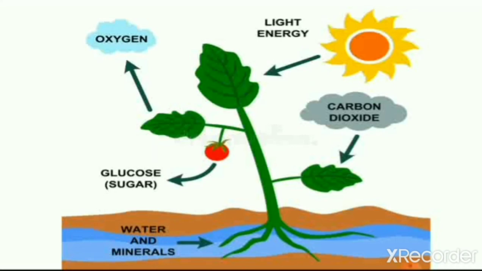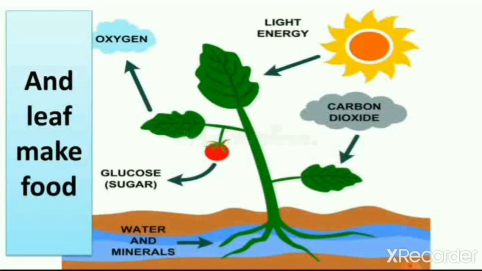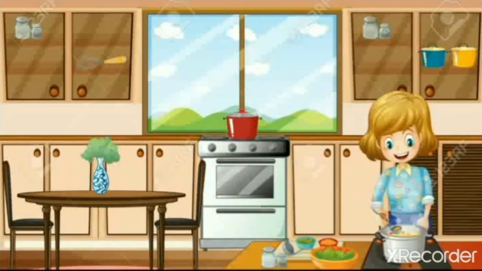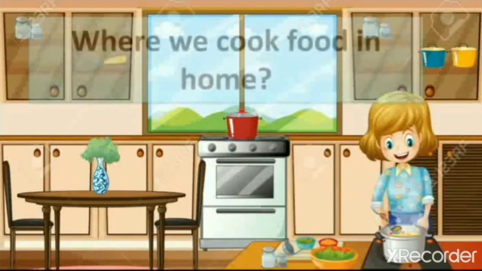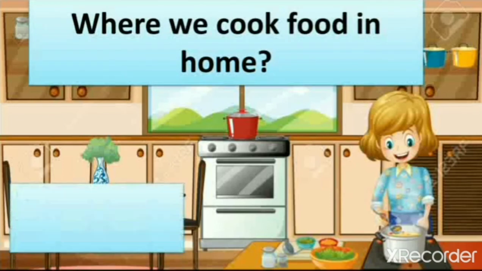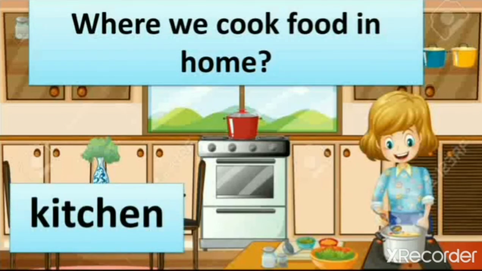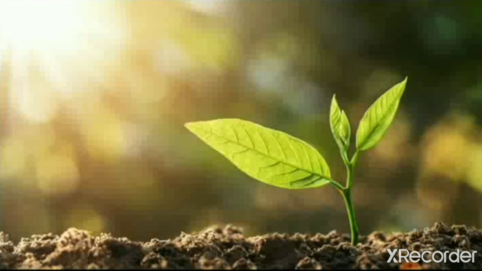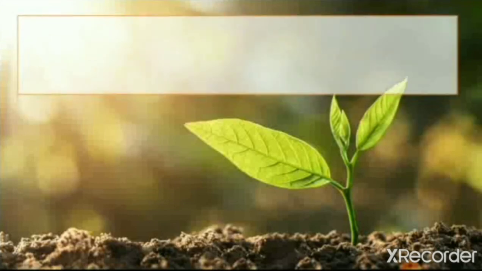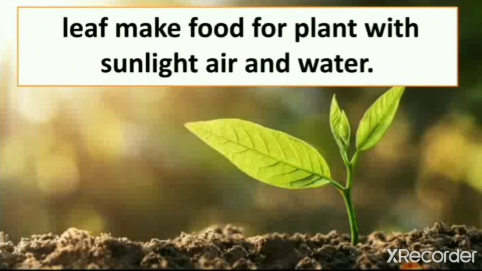And how do we get oxygen from the leaf? Like the kitchen of our house, when we cook food in the kitchen, like that the leaf makes food for the plant. That's why the leaf is known as the kitchen of the plant, with the help of sunlight, air and water.